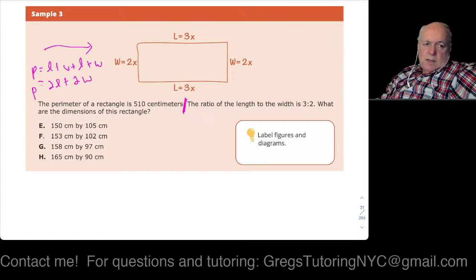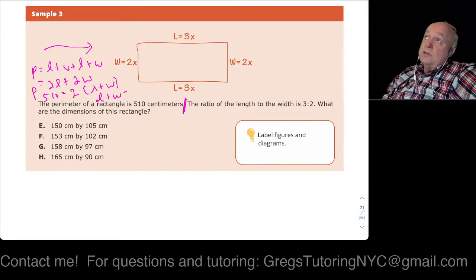And in our case, they're telling us that is 510. Okay, and that's the same as 2 times L plus W. And if we divide both sides of this by 2, then L plus W is equal to 510 divided by 2, which is what, 255?